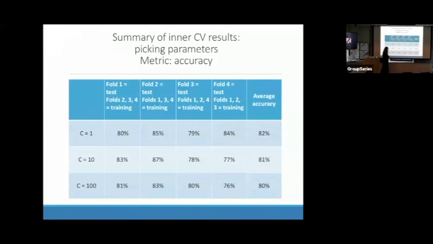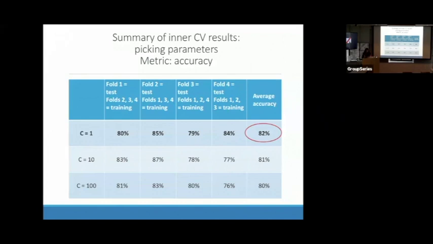For C equal 100, I have 4 performances, and say this is the average. So in this case, which one should I pick? C equal 1. And so its performance is 82%. So this is the number that I remember.